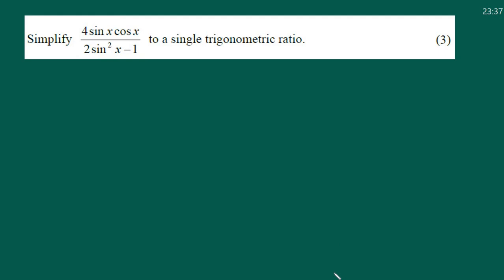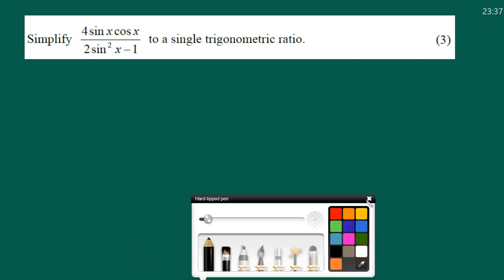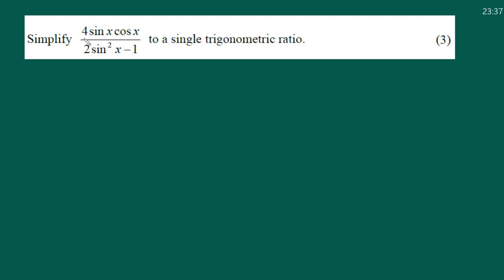Then there is another one that we have. For this one now, since it's 4 sine x cos x, you can see there are some things that are going to point you out, guys.